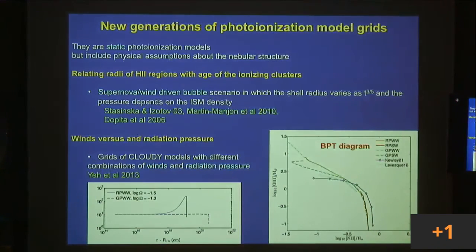So the new generation of photoionization model grids are still static photoionization models, but they include physical assumptions about the nebula structures, like, for example, relating the radii of the H2 regions with the age of the ionizing clusters, or including the effect of winds and radiation pressure to determine the density structure. So there have been things like that.